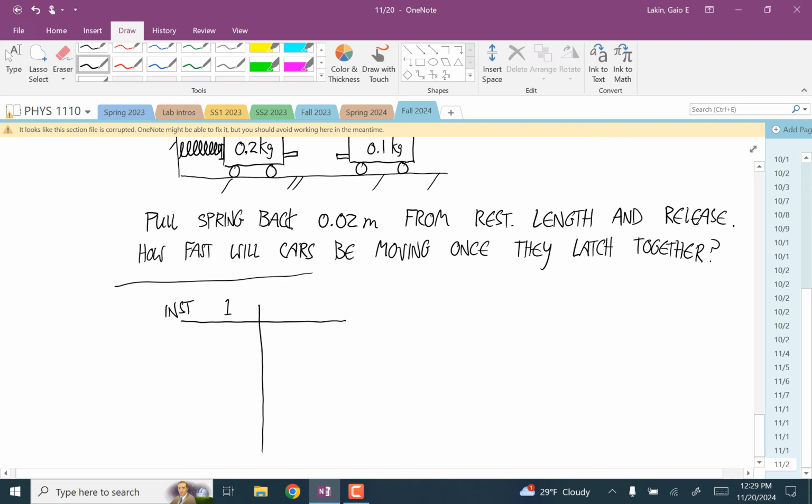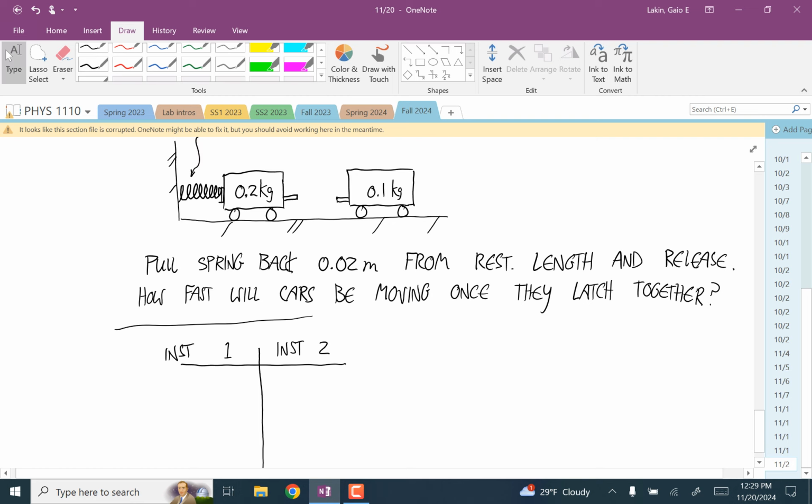And our instant two, think about this for a second. Conservation of linear momentum is going to be the collision, and so we're not going to use conservation of mechanical energy to go from the instant that the spring is compressed until after the collision. The conservation of mechanical energy part just goes from the compressed spring to the freely moving 0.2 kilogram cart, okay?